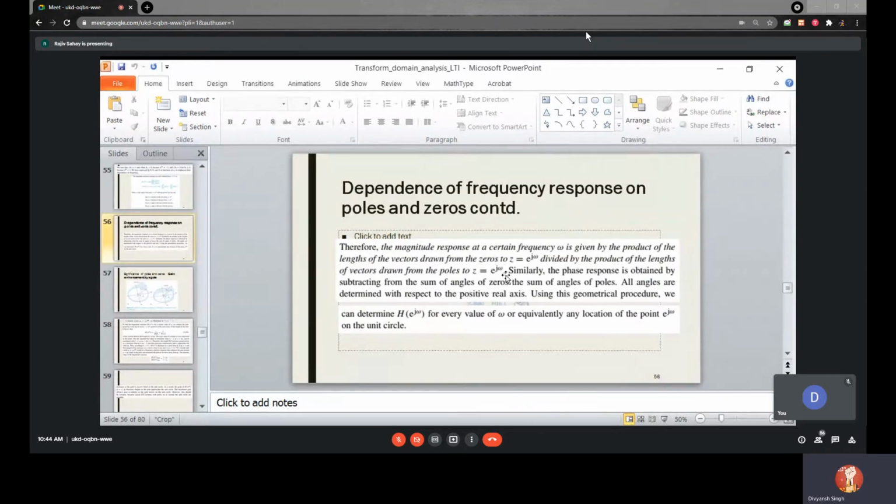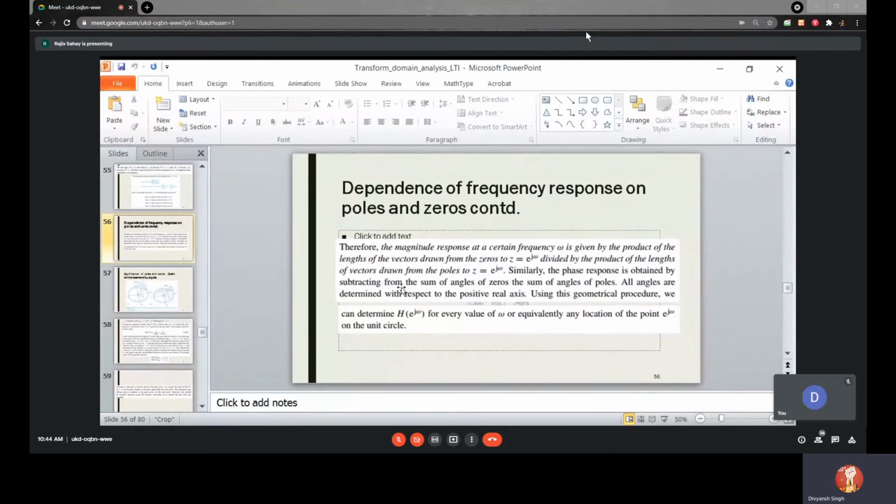Now, whatever I had shown you in the diagram was from a single pole and a single zero. So you can imagine that there are multiple poles and multiple zeros, and you have ZkZ and PkZ from those poles and zeros to that point z. The z point is fixed, at e to the power j omega on the unit circle.